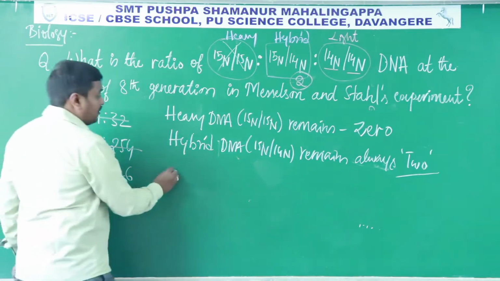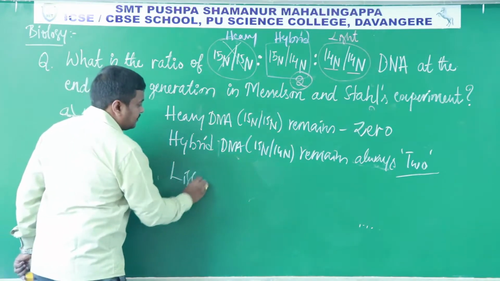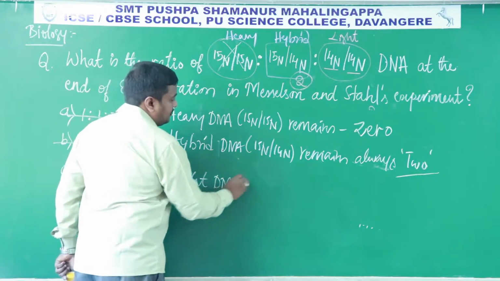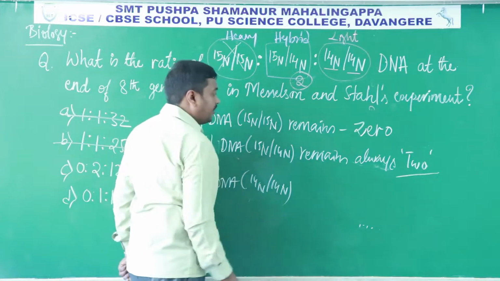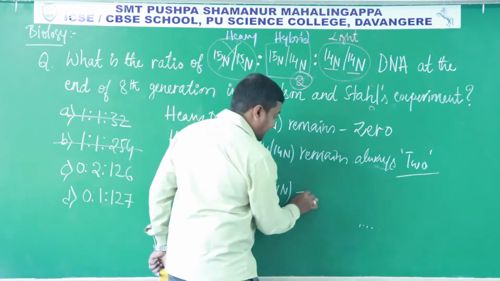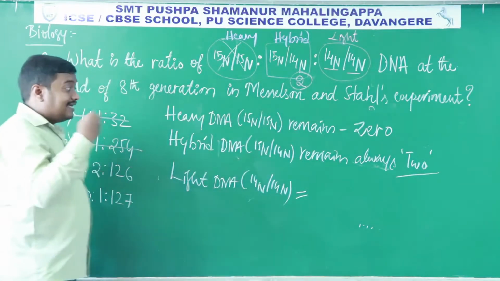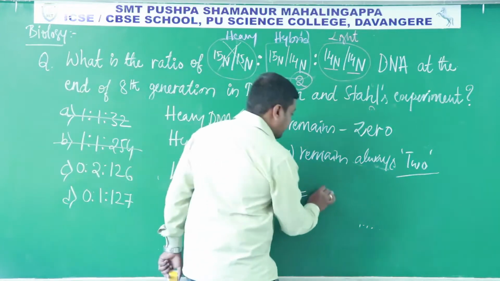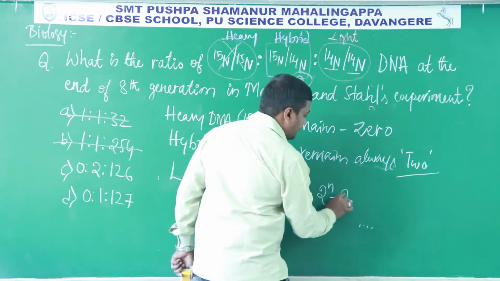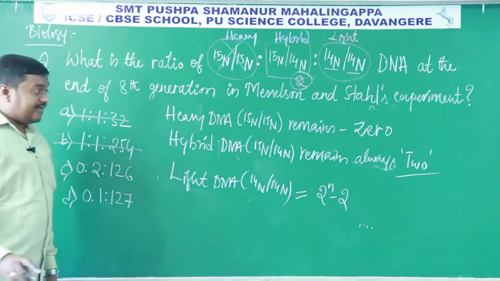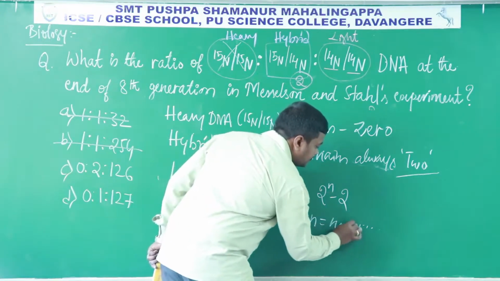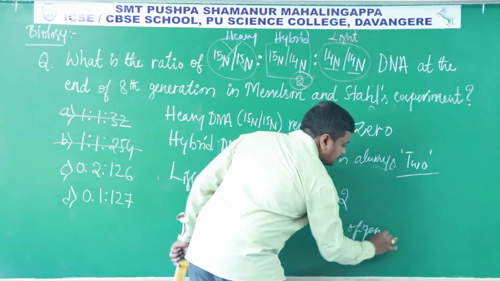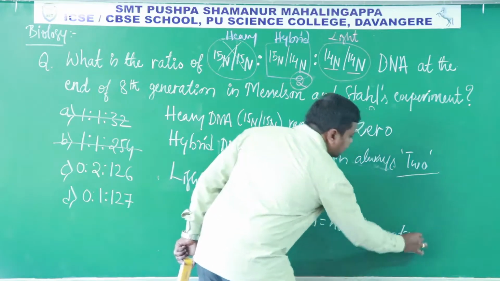And the amount of light DNA, that is 14N, keeps increasing, so it can be calculated using a simple relation: 2 raised to n minus 2, where n is the number of generations.